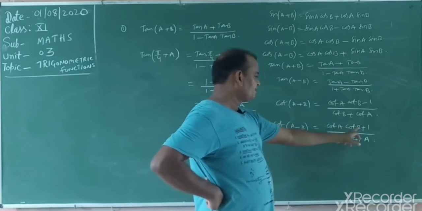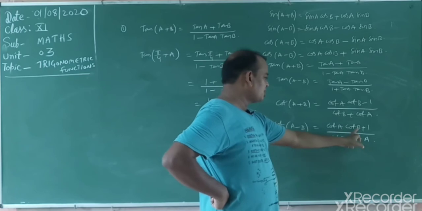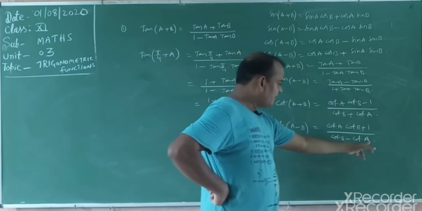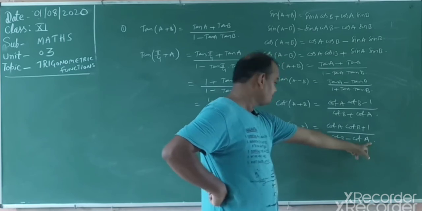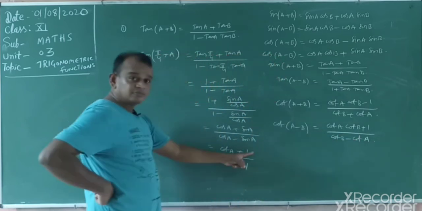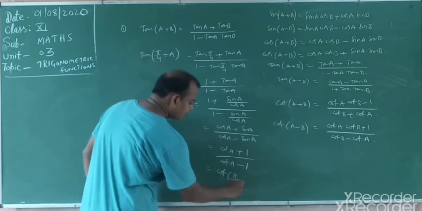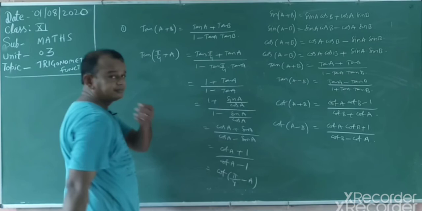Cot 45 is 1. B means A. 1 into cot A plus 1 by cot A minus 1. This is nothing but the cot of pi by 4 minus A.